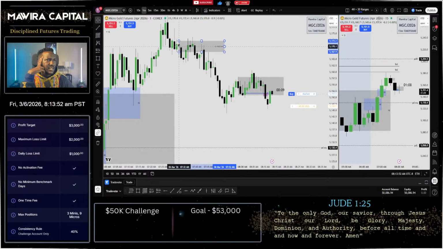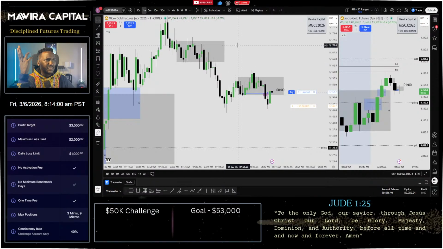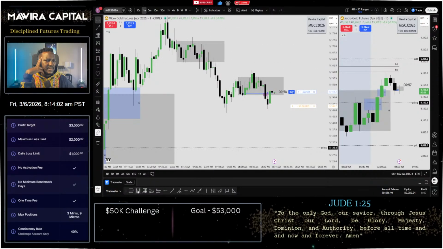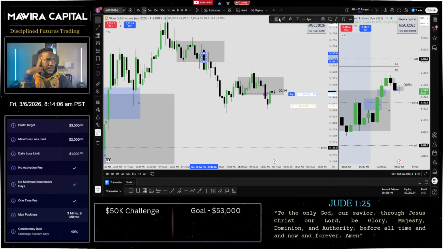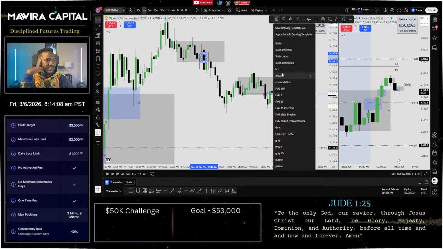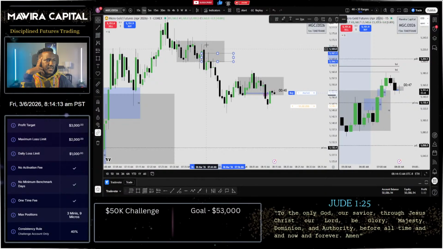But then I wouldn't take that one because you'll be inside the bigger one here. And then just look for fair value gap or whatever. This is that. If you know, you know. Right there. If you know, you know. And that's an entry. Stop loss above the breaker.